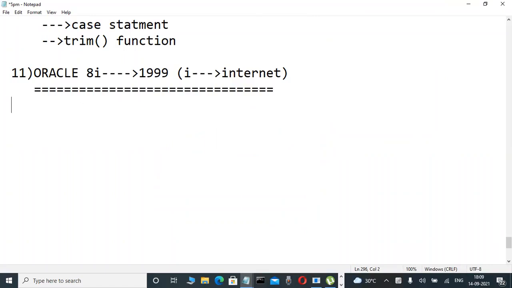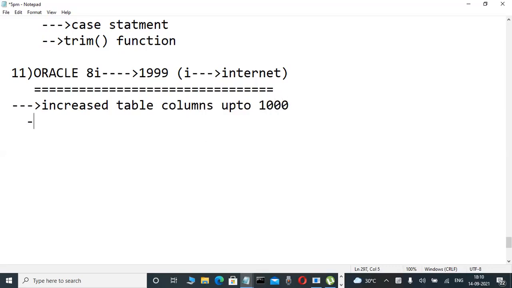Write it fast: increased table columns up to 1,000. Remaining things you don't have an idea about.